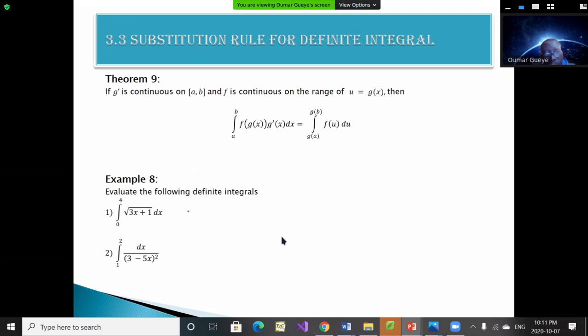In this case, what is going to be your u? Exactly, because it's your inner function. The square root is the outer function, your f, and your g of x is 3x plus 1.